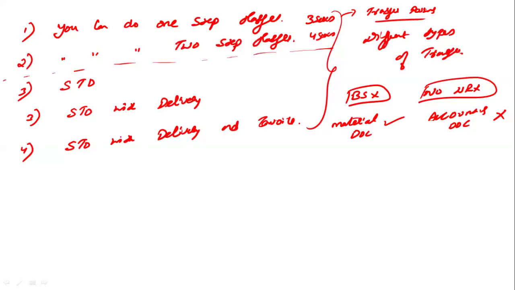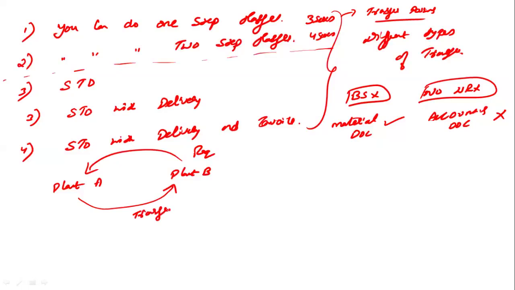Okay, now if I come and speak regarding one step and two step transfer, whenever you request a material from plant A to plant B, plant B is requesting material from plant A. So they place a request.